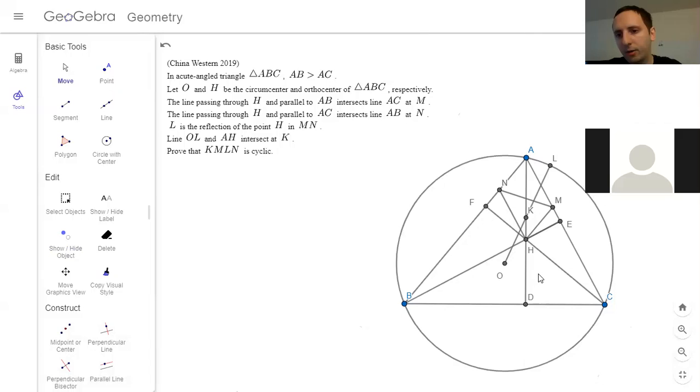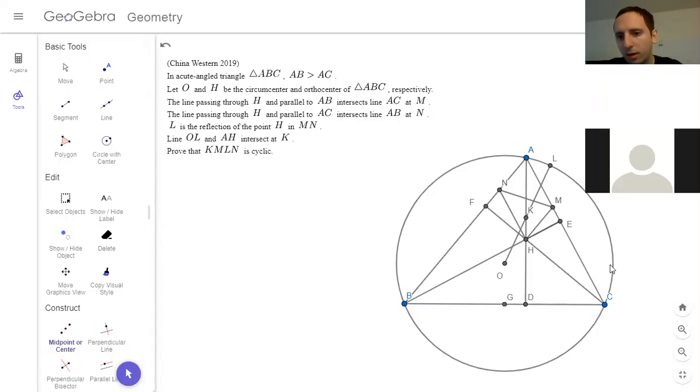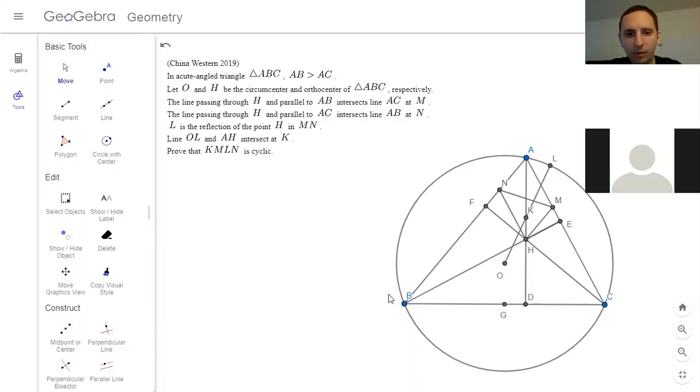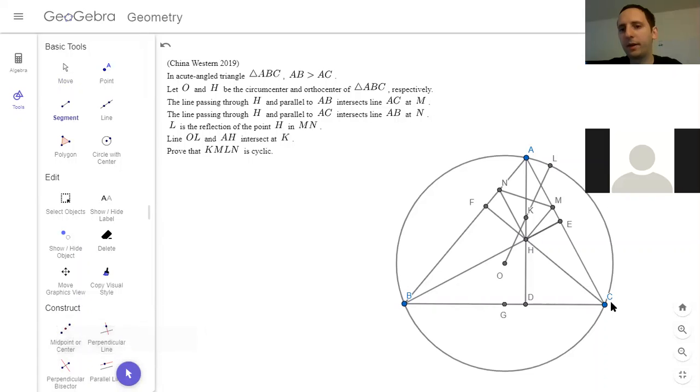And how do we know? So how do we angle chase? I drop the perpendicular from O onto BC and then use the similar triangles LMN and LCB. Okay. If G is the midpoint of BC, so yeah, LMN is similar to LBC.